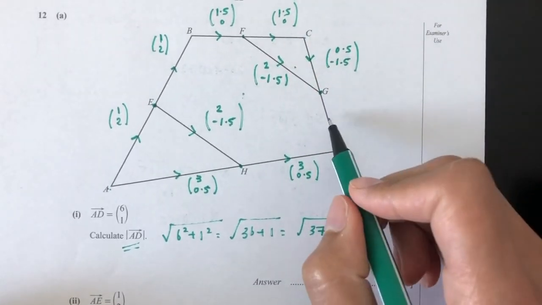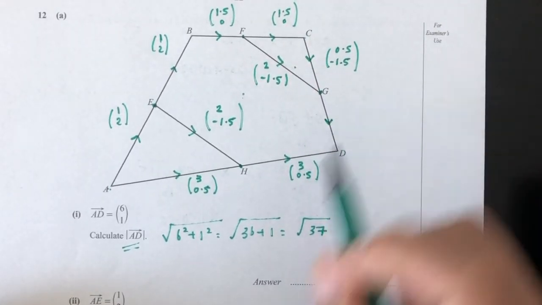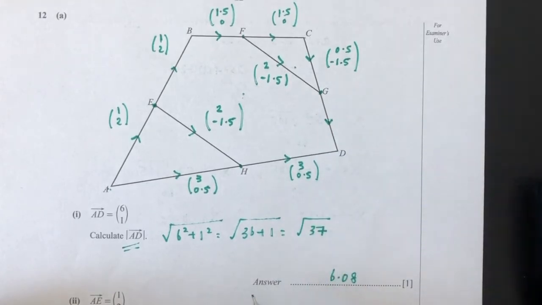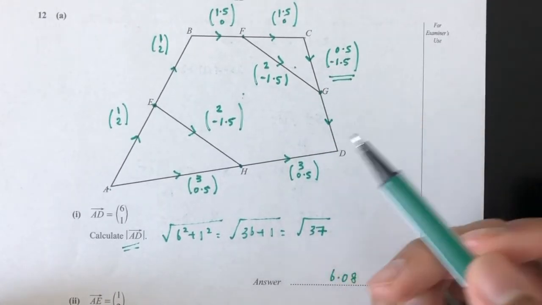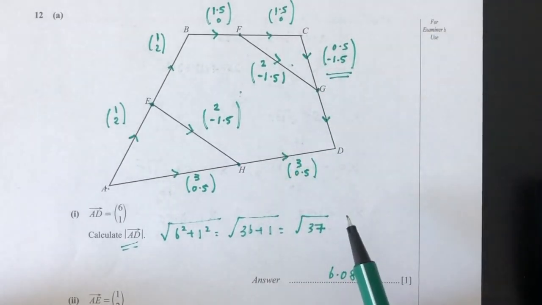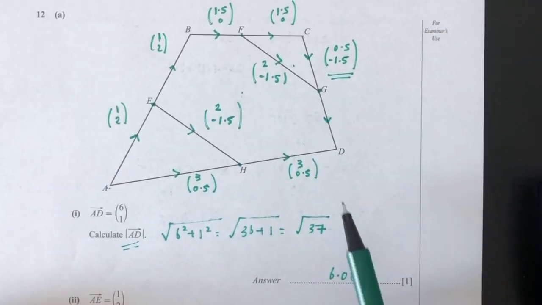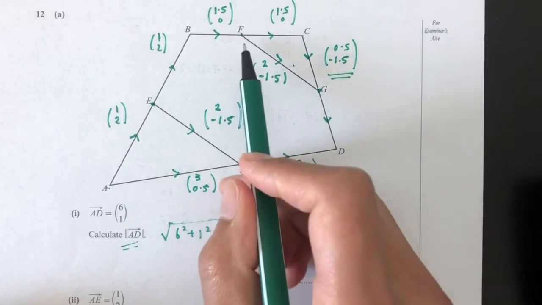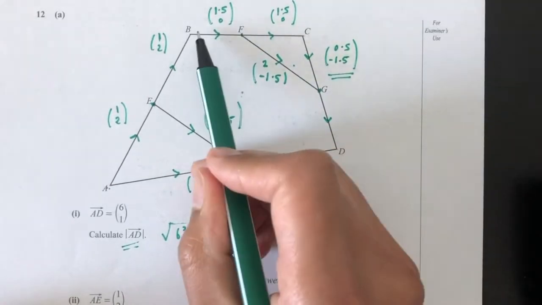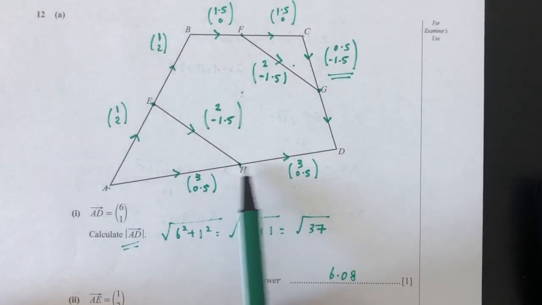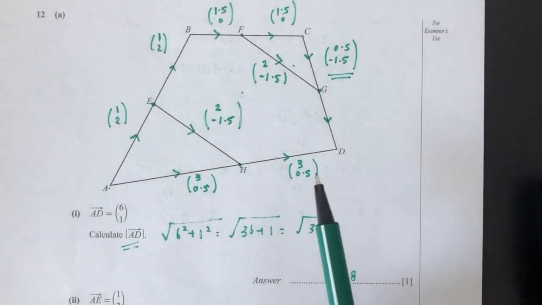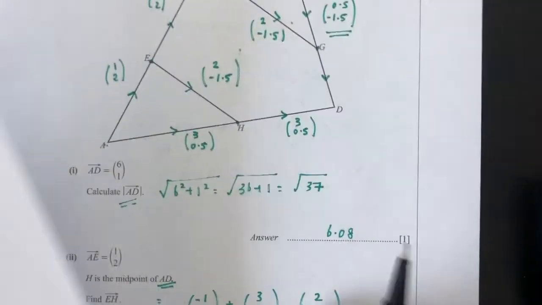So let's find, we have to find this value. So how do you find GD? So if GD equal to this one, it means it is a midpoint of CD. So GD will be GF plus FB plus BE plus BH plus HD. So that's a long thing to write, but let's do that.